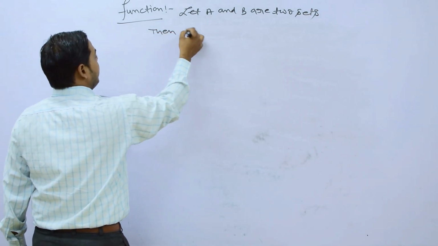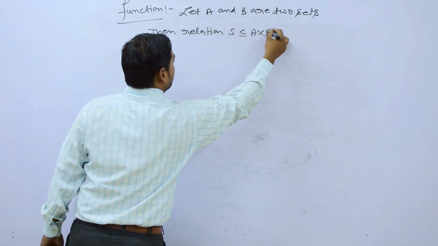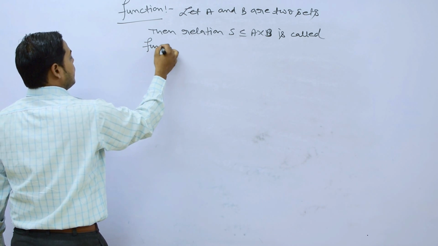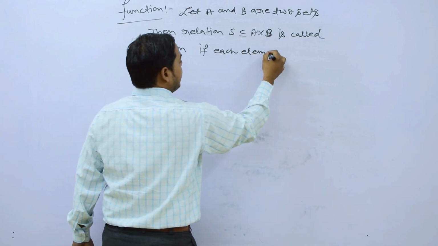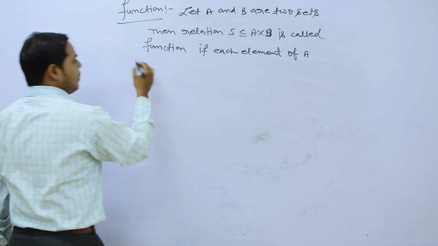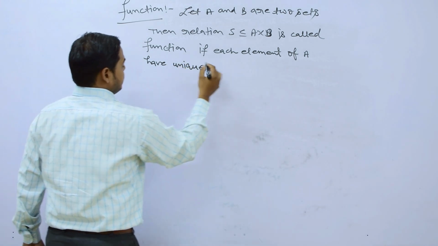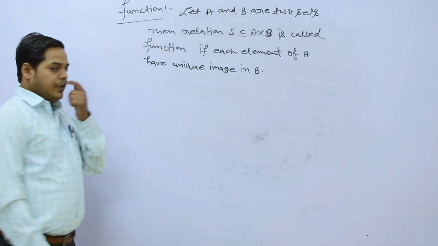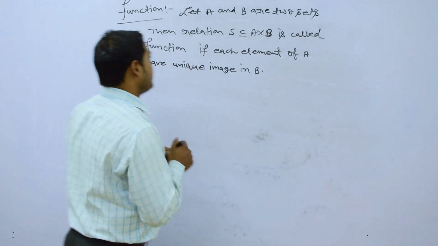Then a relation S from A to B is called a function or mapping if each element of A has a unique image in B. Then we say the subset S is a function from A to B.